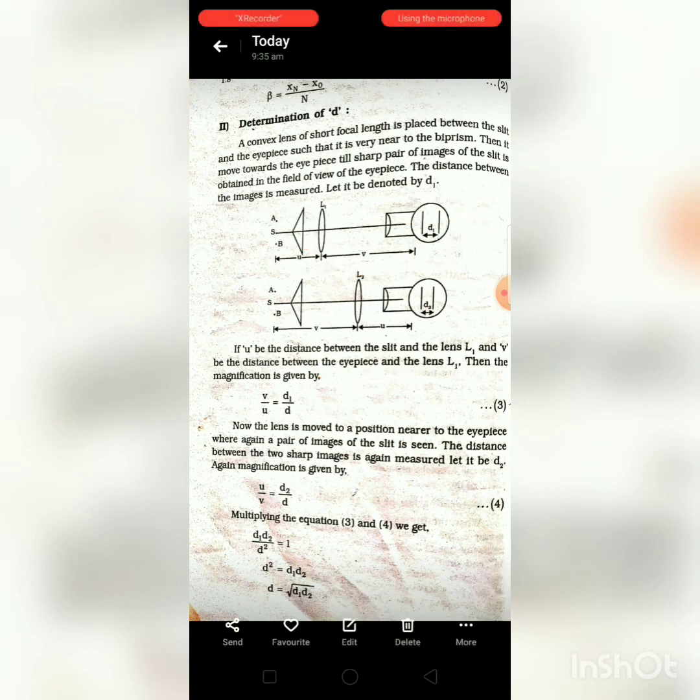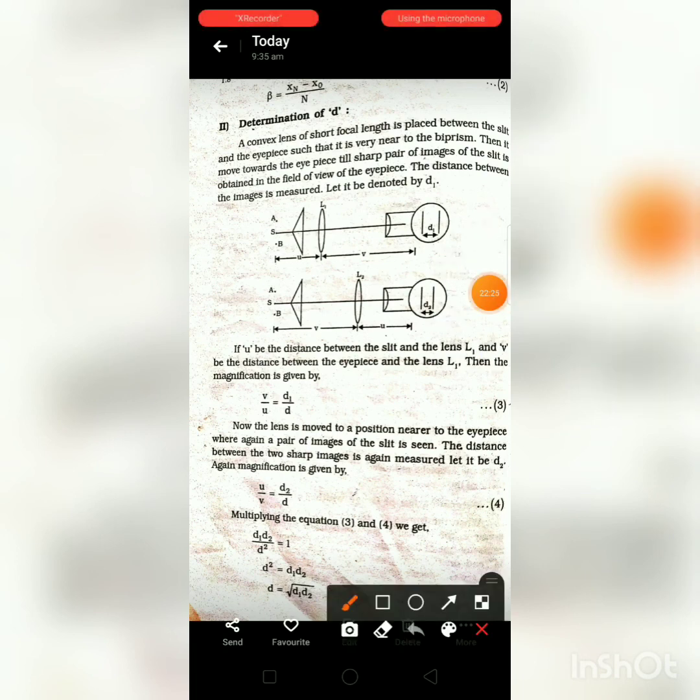Now the lens is moved to a position nearer to the eyepiece, where again a pair of images of the slit is seen. The distance between the two sharp images is again measured; let it be d2. In this condition, when the lens is moved towards the eyepiece, this distance is v and this distance is u.